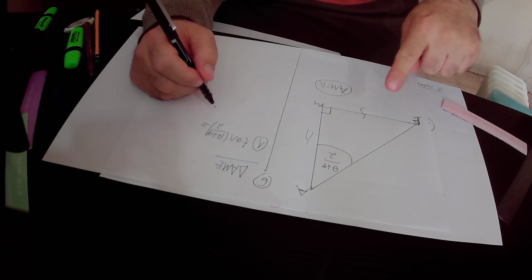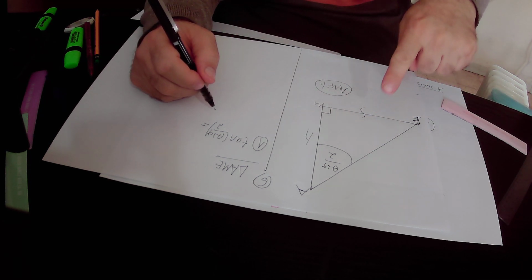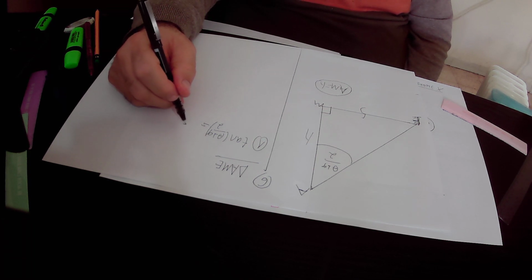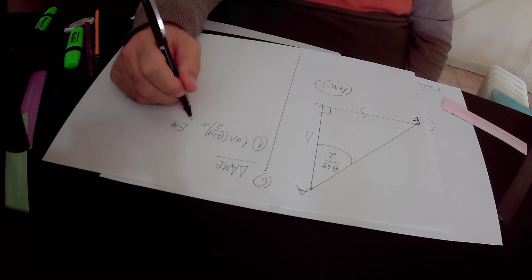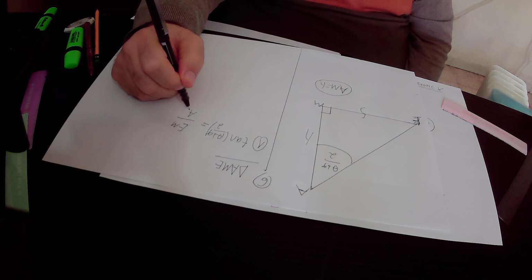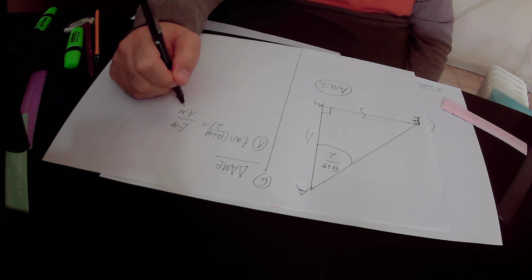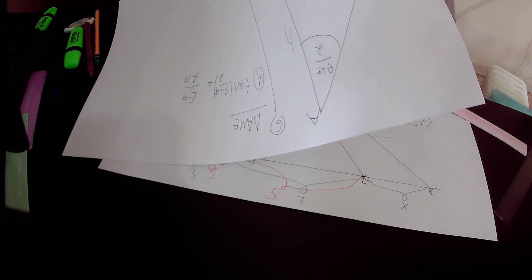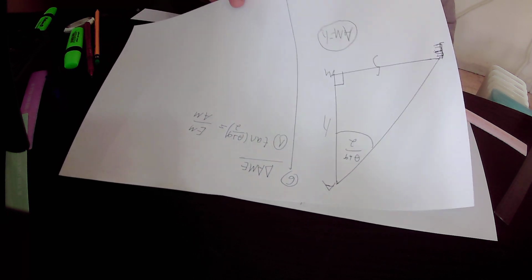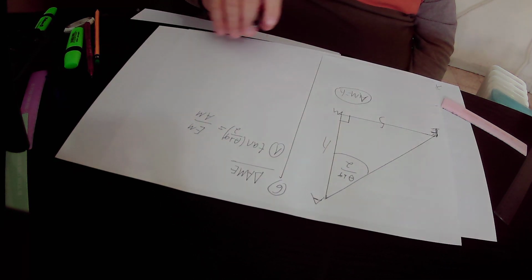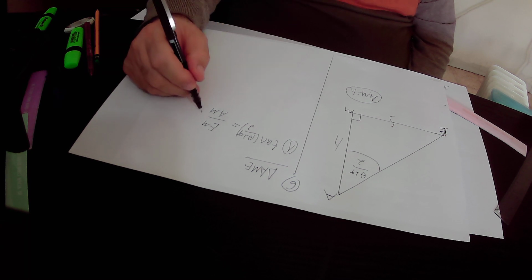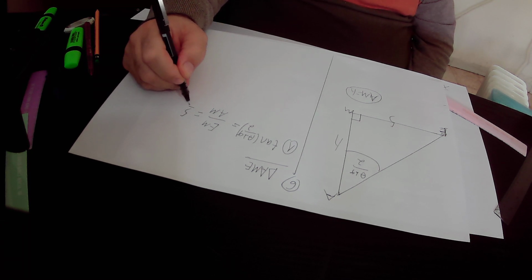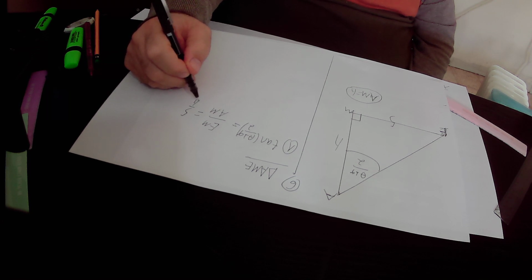We know that tangent of theta plus alpha over 2 will be equal to EM over AM. But EM equals 5 units, and AM equals H according to our definition.